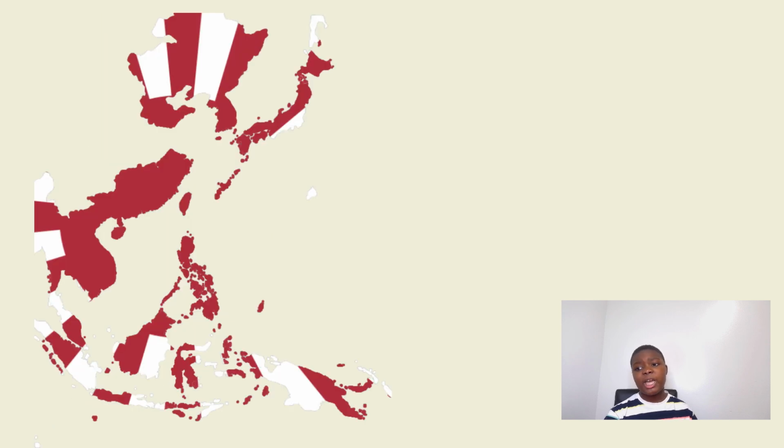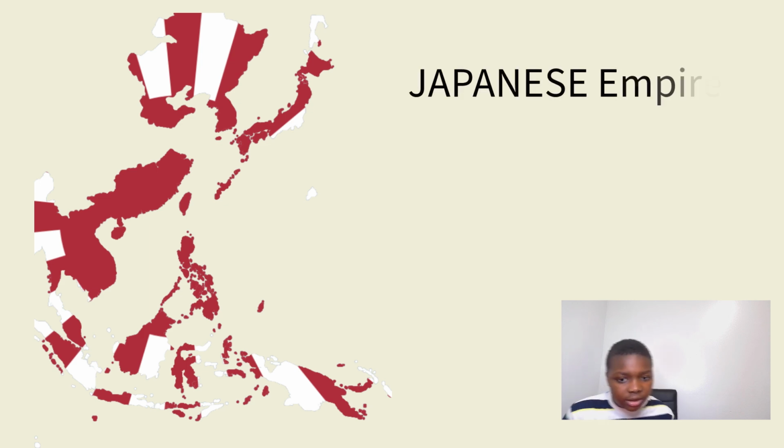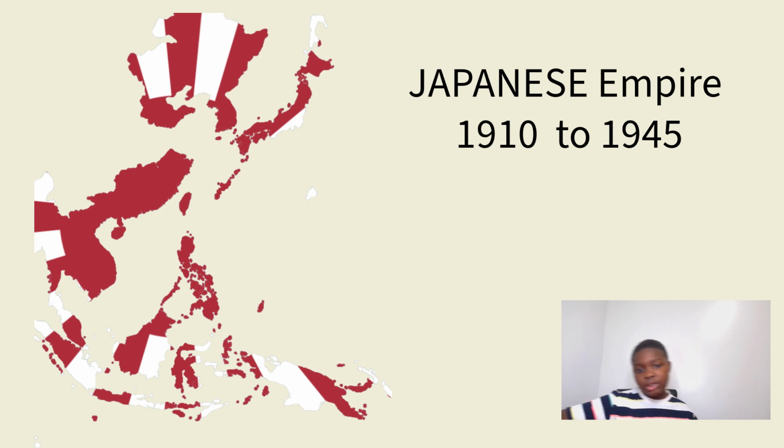Next one is Japan. Japan used to be called Japanese Empire. They took the Axis side in World War II, but the Allied side in World War I. The Japanese Empire lasted from 1910 to 1945 because they collapsed, because the Axis powers lost World War II.